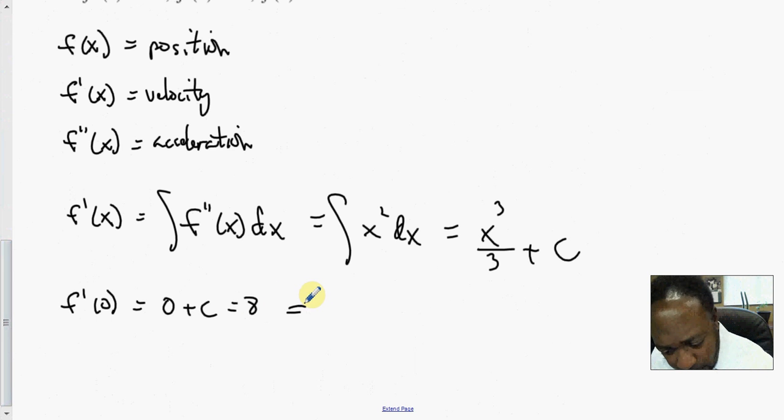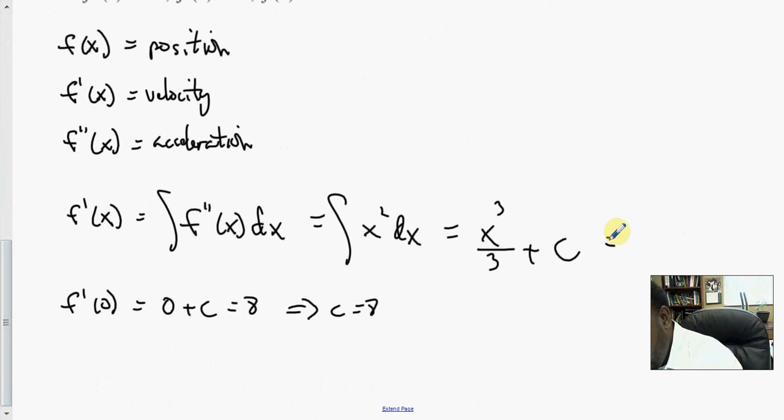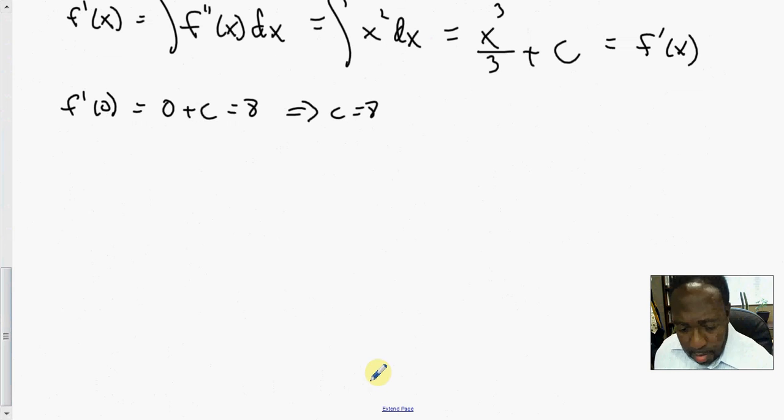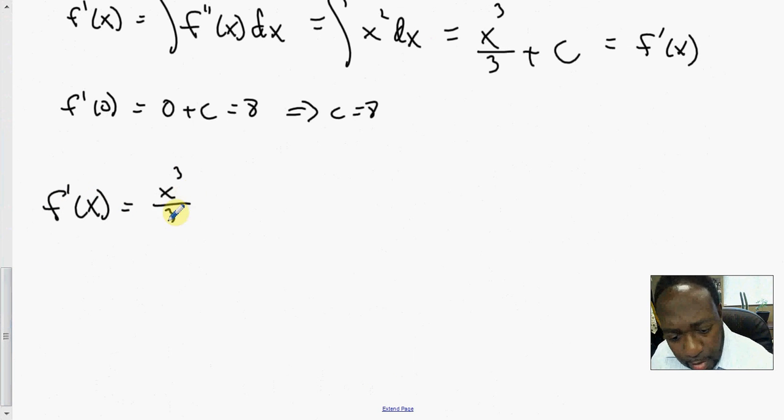That's equal to 8. That implies that c is equal to 8. So f prime of x becomes x to the third over 3 plus 8.